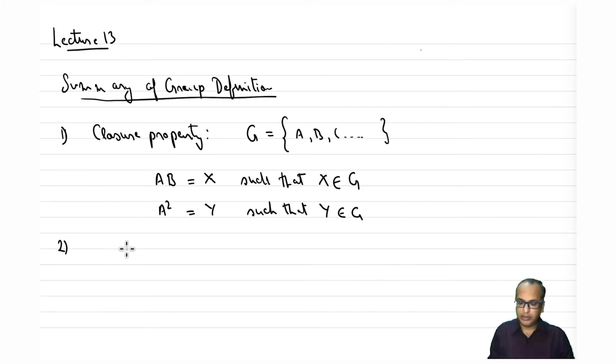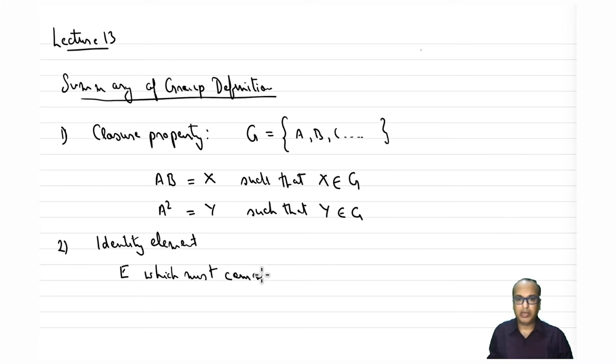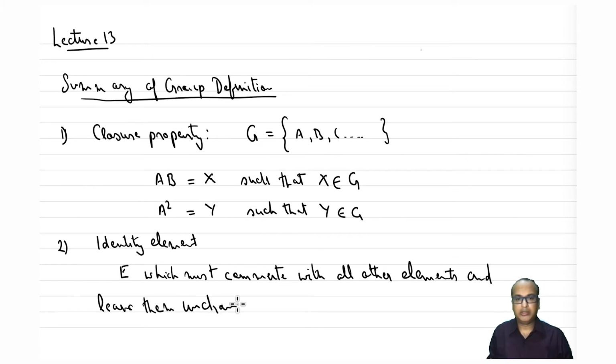Next property is identity element. So group must have an element E which must commute with all other elements and leave them unchanged upon combination.